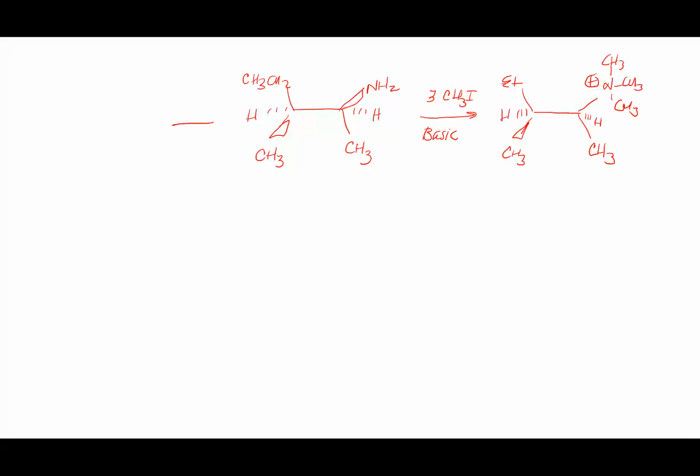Or I could go on this side. I could add 2 methyl groups, and then a peroxy acid. So that on this side I'm going to have my nitrogen as my dimethyl amine oxide.